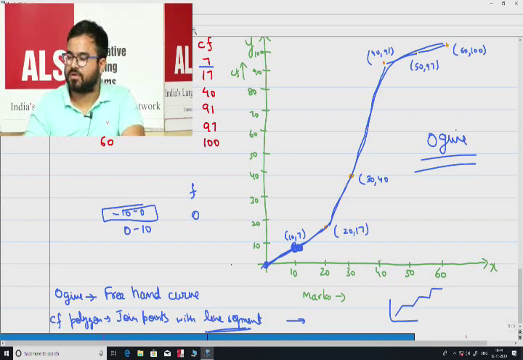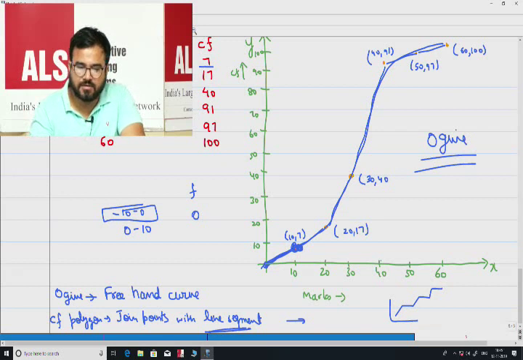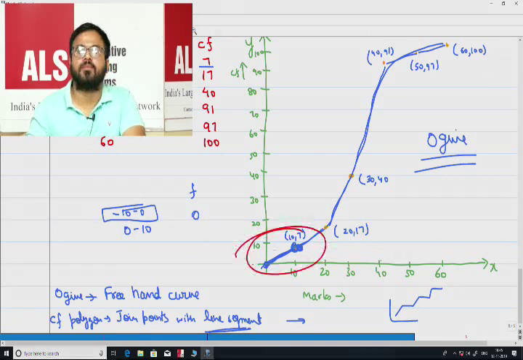You have to show that when you are drawing an ogive. You can see here I have drawn an extra thing, I have joined this to 0, because I started from the x-axis and before 0, less than 0, the frequency was 0. So one coordinate was 0, 0.